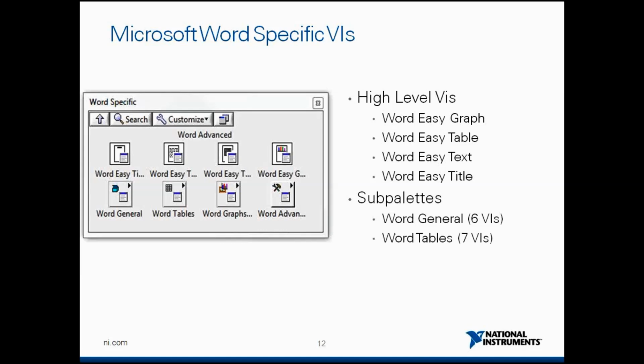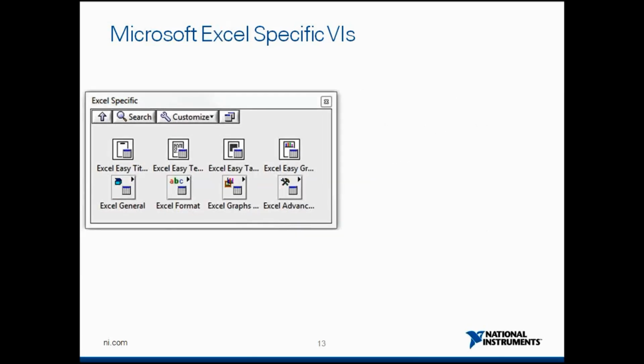We have Word Tables, which allows you to do different modifications to a table within Microsoft Word. We have Word Graphs and Pictures, which allow you to, say, change the colors, the pattern of graphs, etc. And finally, we have Word Advanced, which is the VI you see on the bottom right corner of the screenshot, which allows you to achieve advanced functionality.